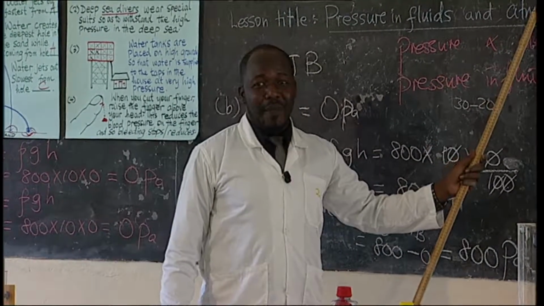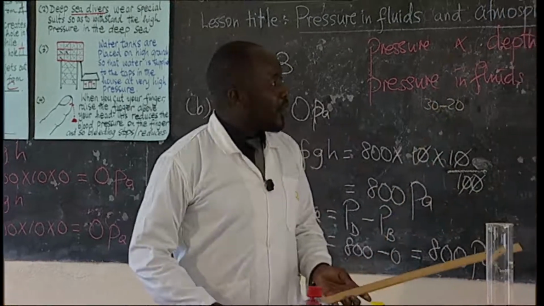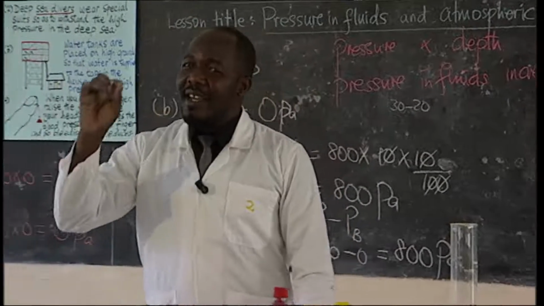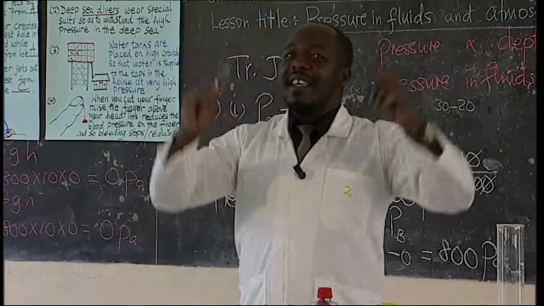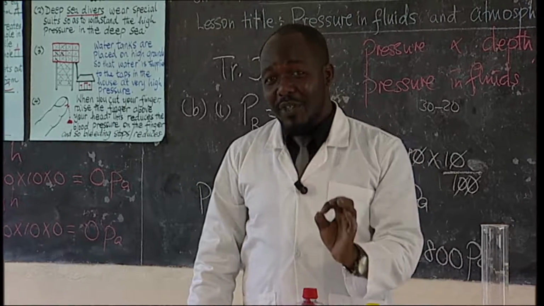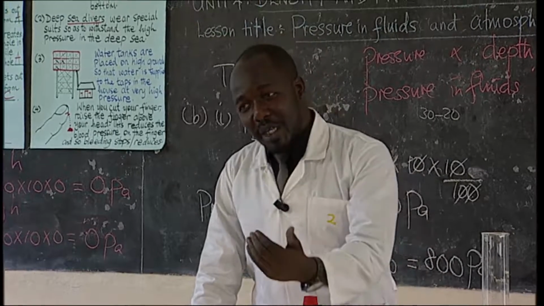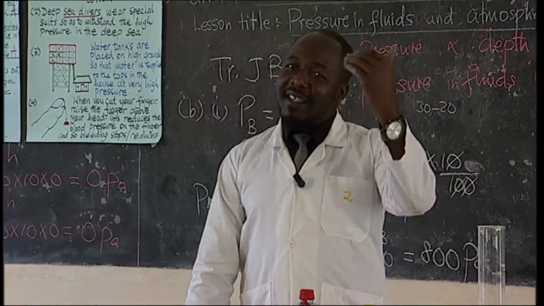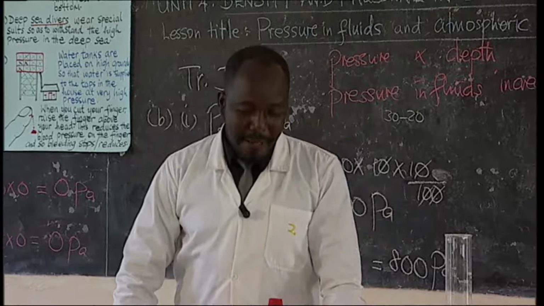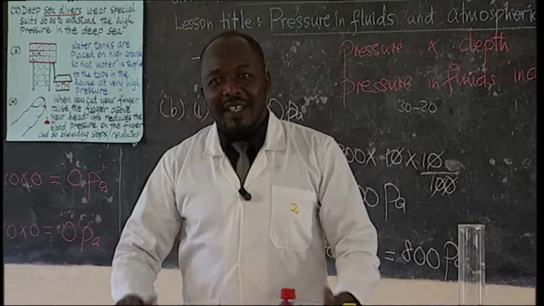Atmospheric pressure. So what is atmospheric pressure? Atmospheric pressure is the pressure exerted by the weight of the gases in the what? In the atmosphere. That is what we call atmospheric pressure. It is the pressure exerted by the weight of the gases in the atmosphere. Now, do you feel this atmospheric pressure?